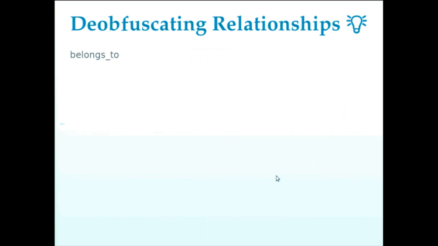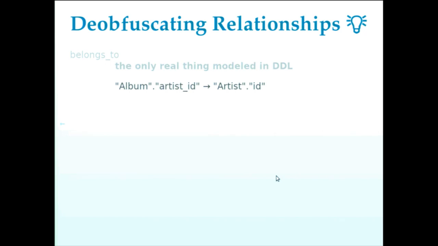Okay, so relationships are a thing that people tend to get confused about, so let's talk about those. So belongs_to, this is the only thing that a foreign key actually has anything to do with. The artist ID on the album points to the artist ID. The album belongs to the artist.